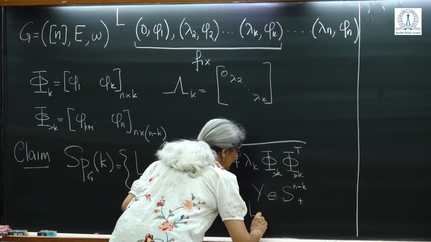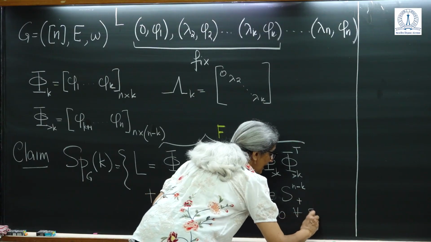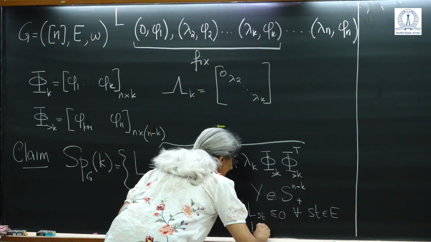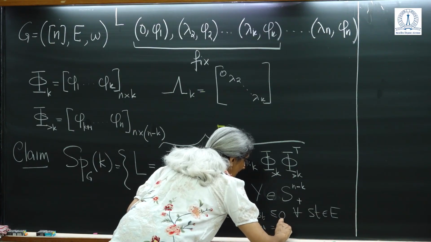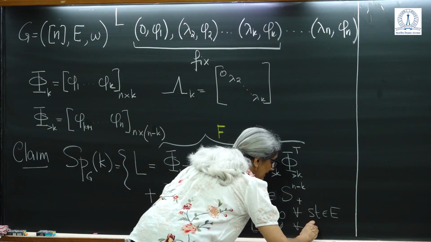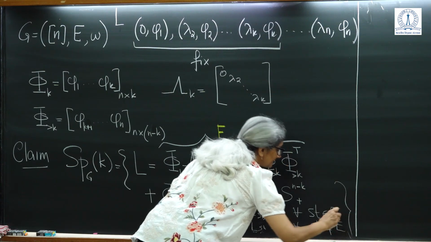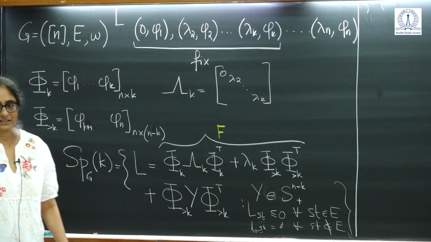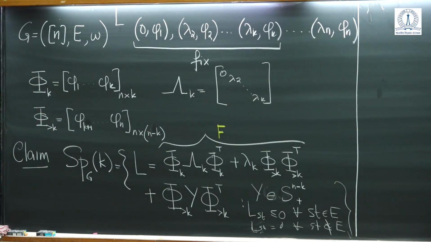So LST is less or equal to 0 for every ST an edge, and LST is equal to 0 for every ST that is not an edge. Okay? All right, so that's the claim. Sorry, the last part is a little confused, but that's the claim. Okay, so we'll come back and clean it up. Okay, everybody okay? That's what we're doing.